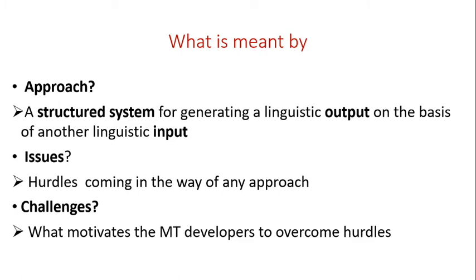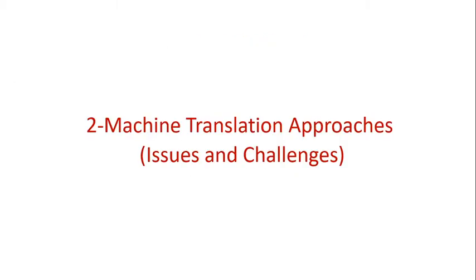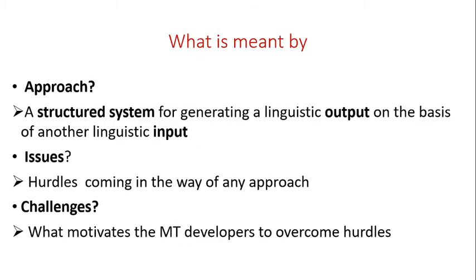Let's first try to just ponder on the keywords mentioned in this title. Although we know translation, of course we know machine translation also, but these are the words that I think we need to talk about. Approach. By approach we mean structured system for generating a linguistic output on the basis of another linguistic input. So on the one side there is a linguistic input.